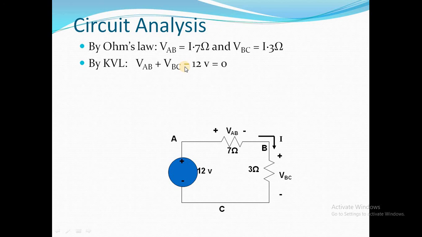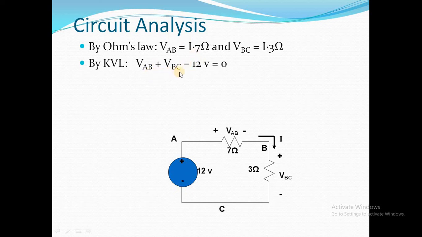The reason behind that, I told you that current always flows from higher potential to lower potential. Here we have seen that the current flows from plus to minus through the resistors, but through the source we think that the current flows from minus to plus. So that is opposite to our consideration. That's why we have to put that minus sign.